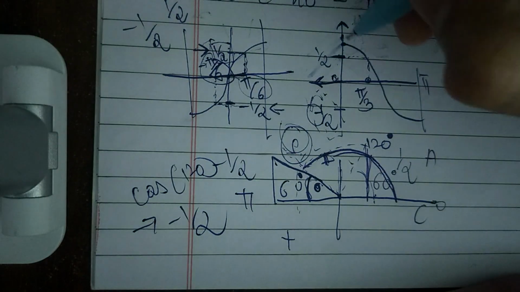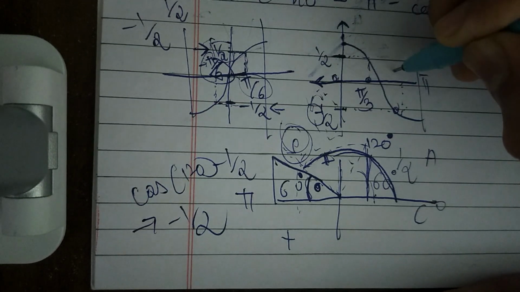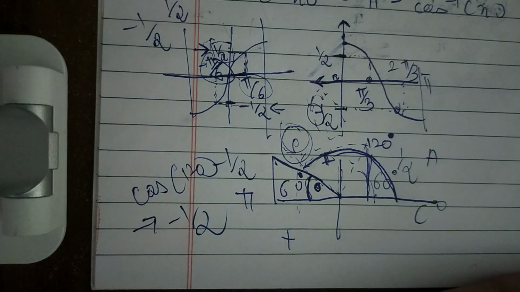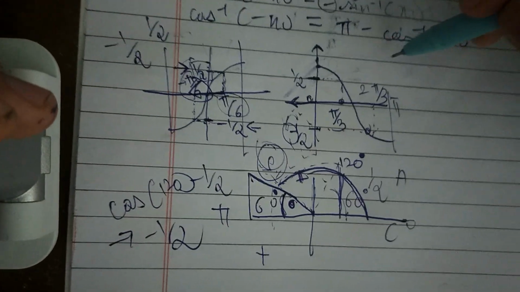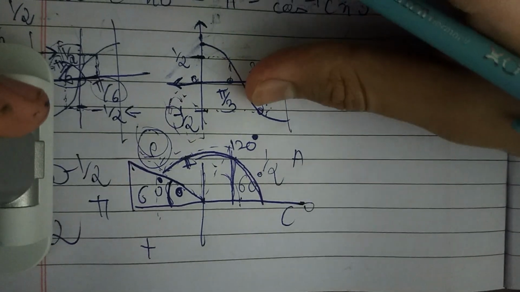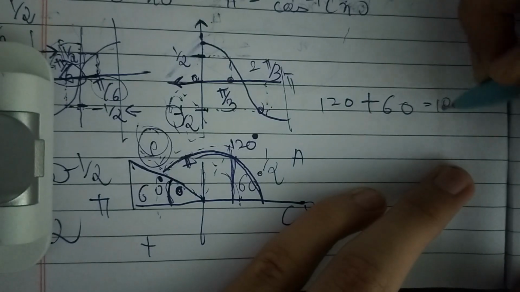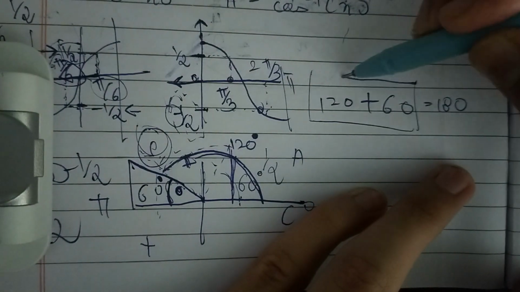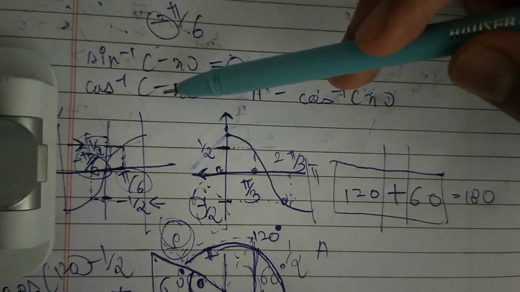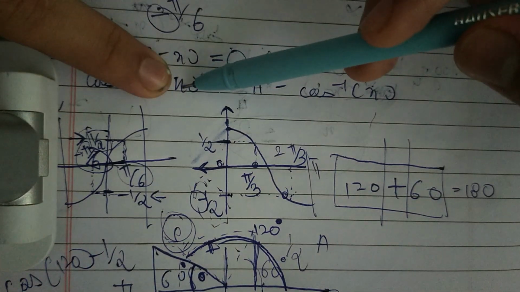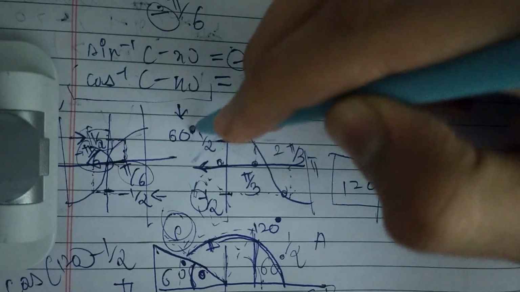Now that means this is some pi by 3. The amazing thing here is that cos 60 is 1 by 2, cos 120 is minus 1 by 2, and 120 plus 60 is 180. That means these are supplementary angles. So now look at this equation. When I put 1 by 2, I get 60 degrees.